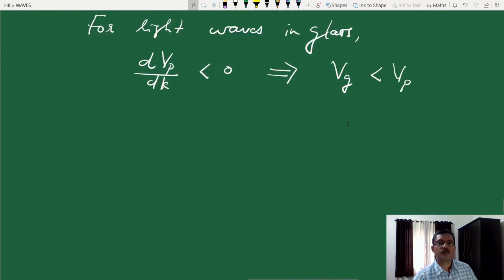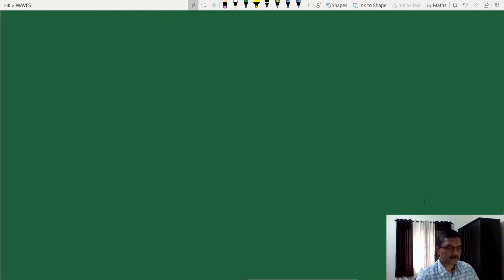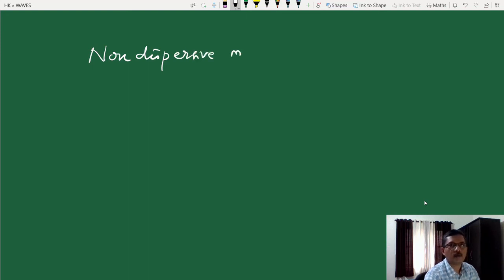Now, what is a dispersionless or non-dispersive medium? For a non-dispersive medium, phase velocity does not vary with wavelength. The rate of variation of phase velocity with wave number is 0.